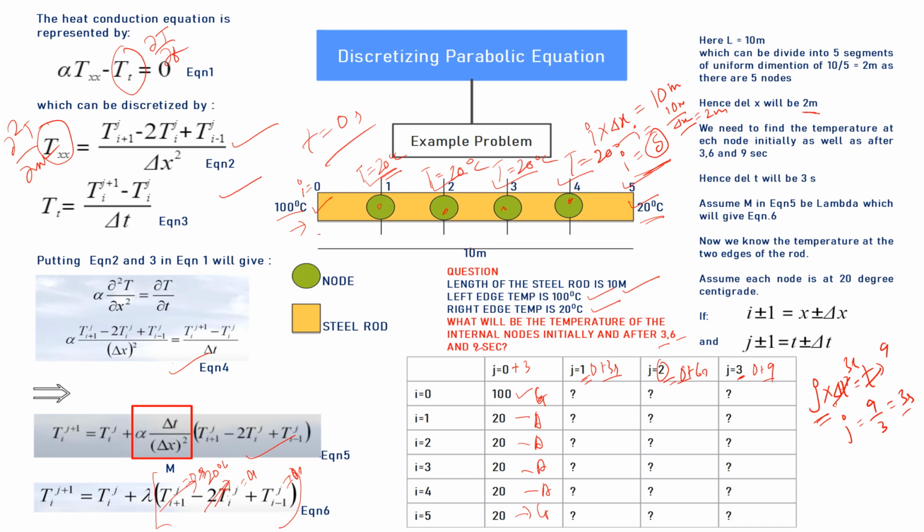So this will be your 200 degrees centigrade. And there is no i minus 1 term here, so this term will be 0 total. So here what I found is, this part will become 20 degrees centigrade minus 200 degrees centigrade. So this will ultimately be minus 180 degrees centigrade.